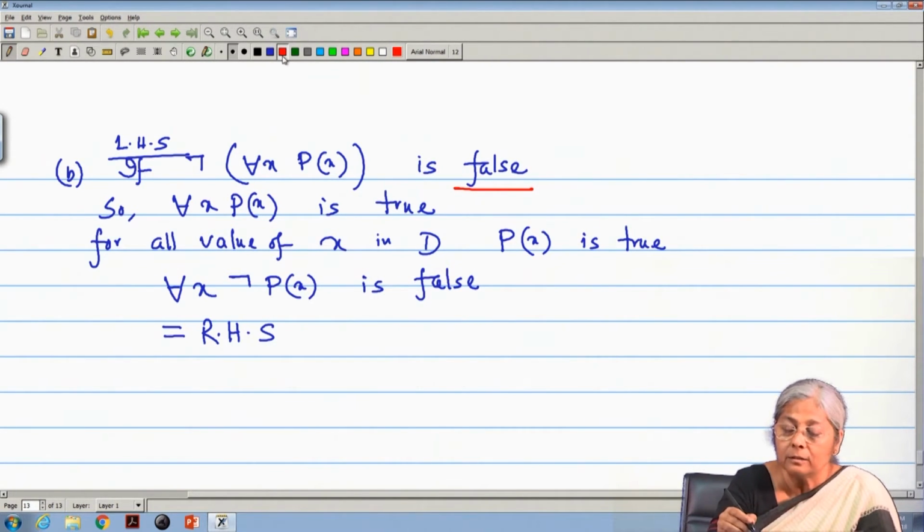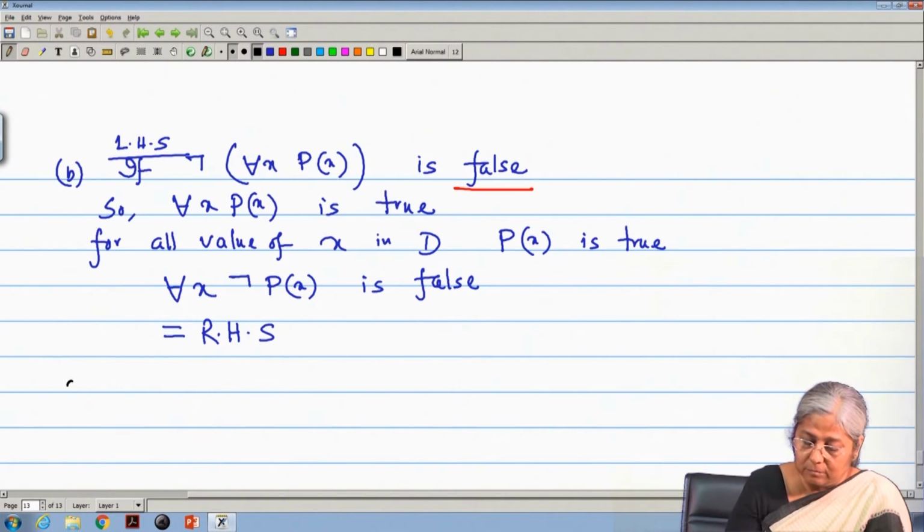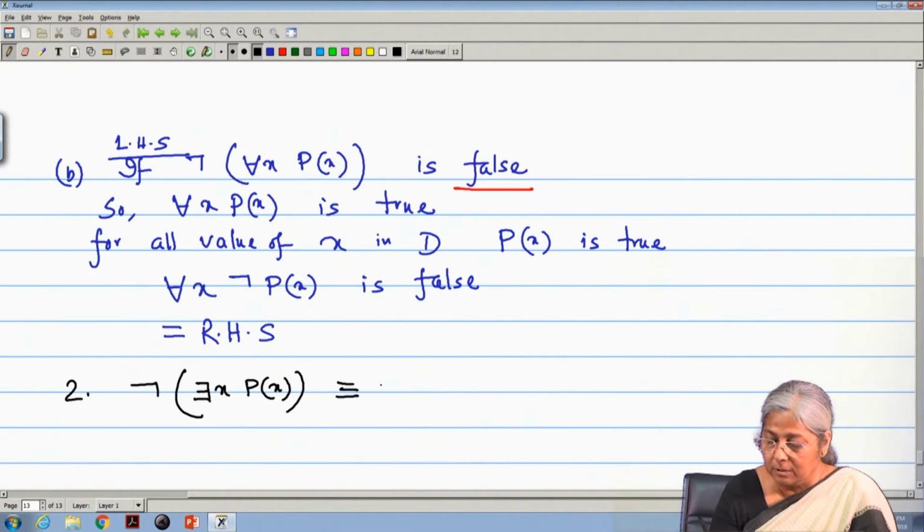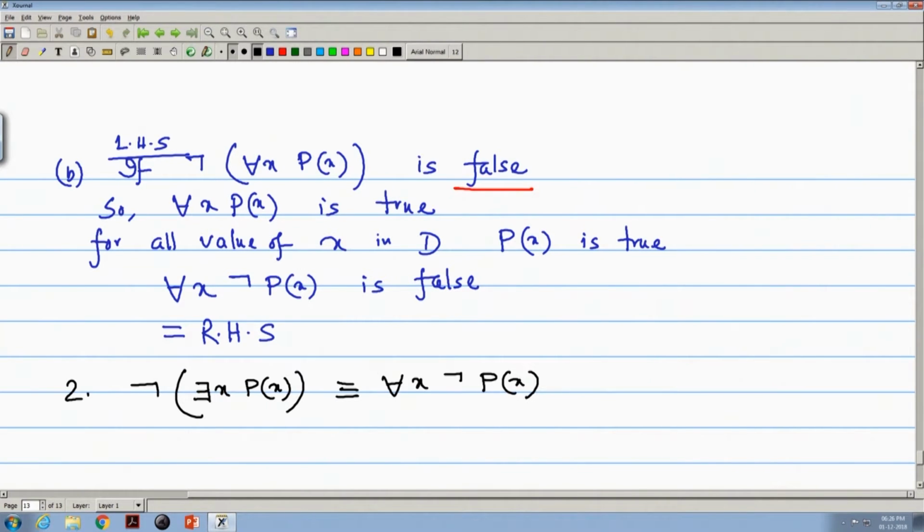Similarly, we can prove that the negation of there exists x p x is equivalent to for all x negation p x. So, we can apply De Morgan's law to find the negation of the universally quantified statement or the existentially quantified statement.